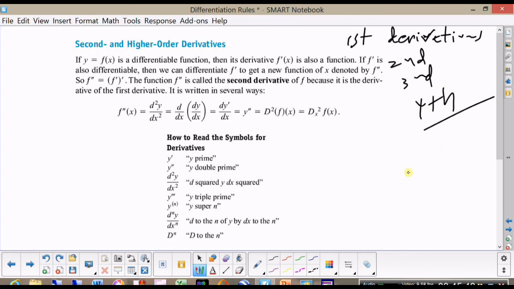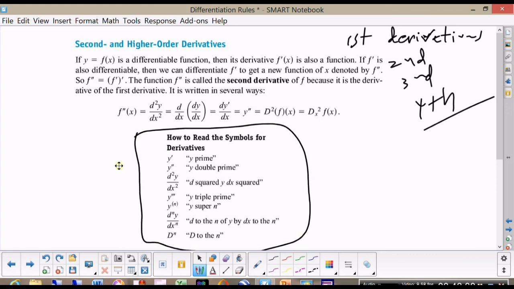So if you take the derivative of the first derivative, you get the second derivative. If you take the derivative of the second derivative, you get the third derivative, and so forth and so on. And there are various symbols for higher order derivatives, which we're not going to really focus on a lot, but we will talk about this later.